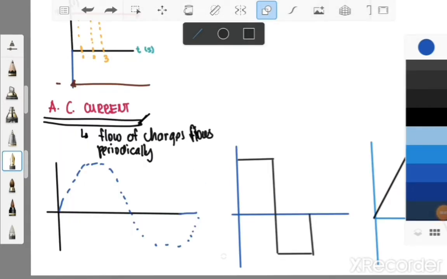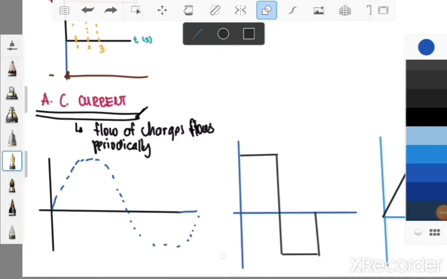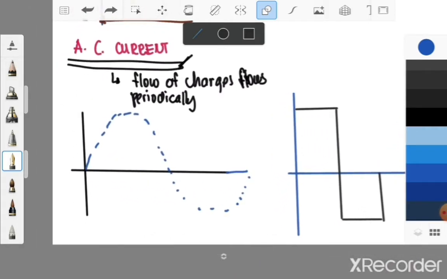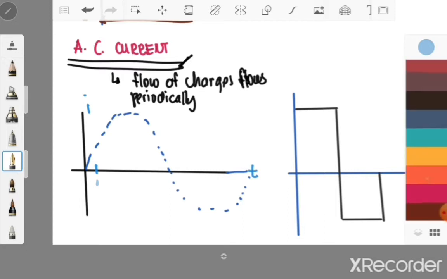I would also want to point out that your AC current changes with time. Therefore, if you have a time, let's say t, and you have time at 1 second, particularly the current would be here.